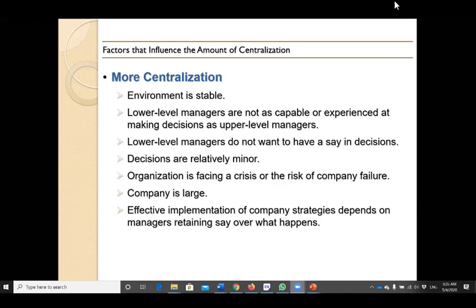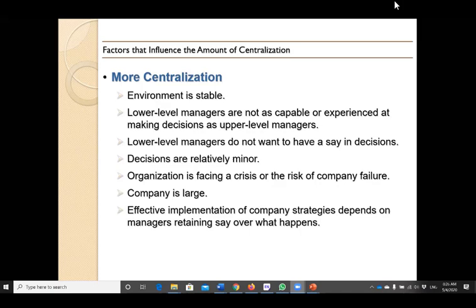I think in a more centralized organization, the top manager has more power, so the lower level manager has less power, so he can't make any decision.